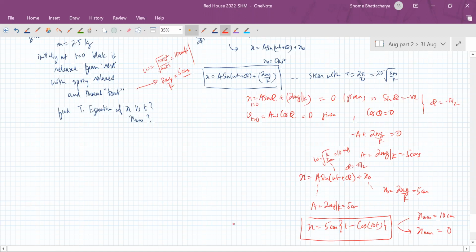And the time period is pi by 5 seconds. So this becomes a very efficient way of solving these types of questions.